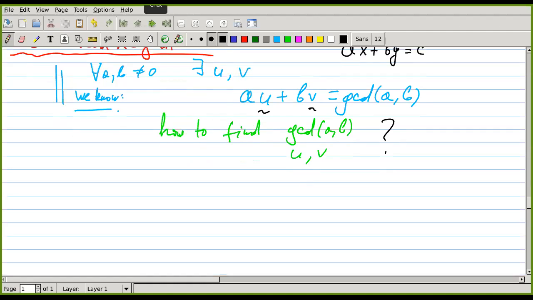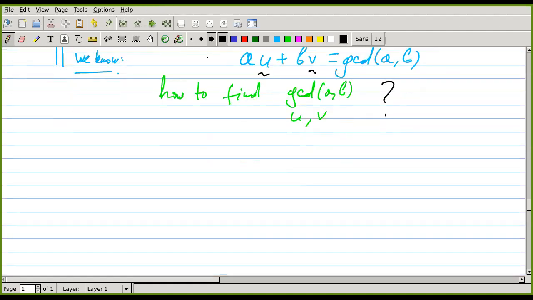Okay, let's start with an example. For short, this Euclidean algorithm boils down to the following rule. Divide the divisor. Which divisor?